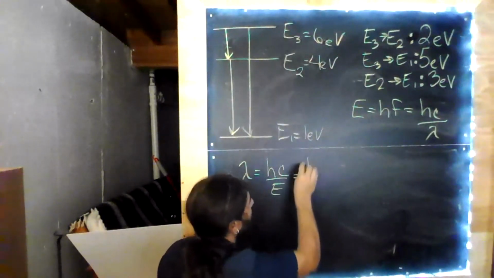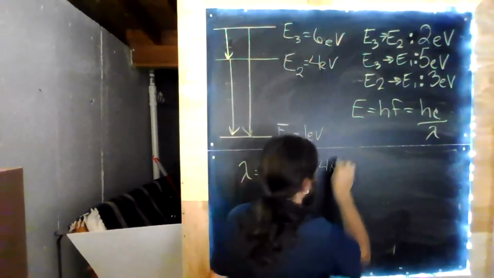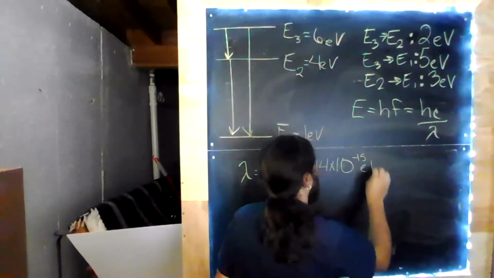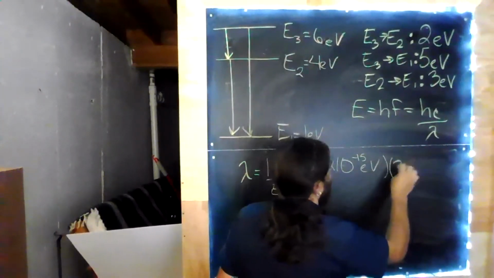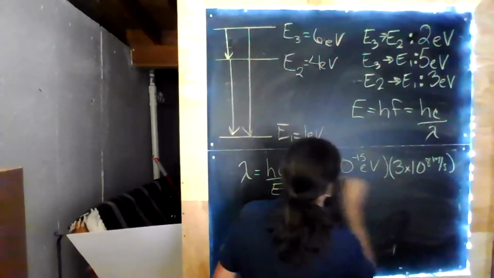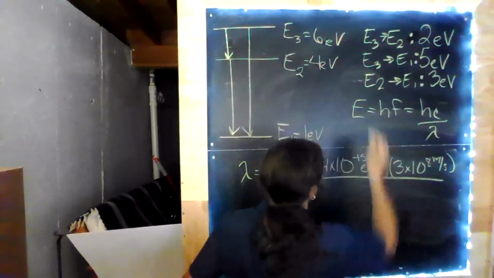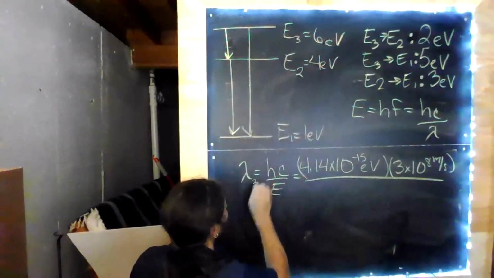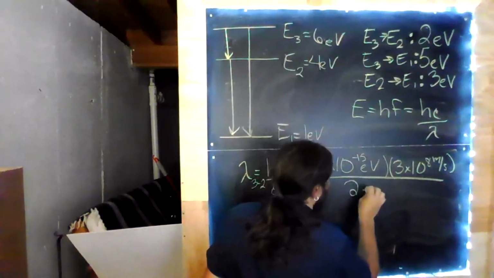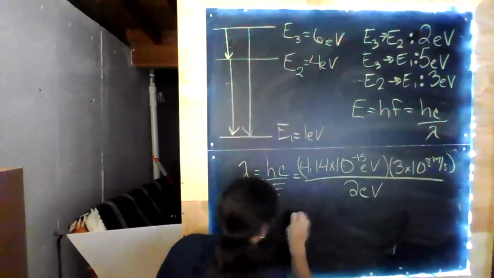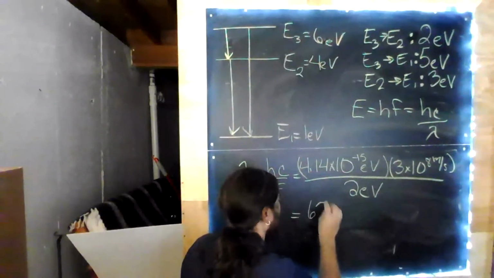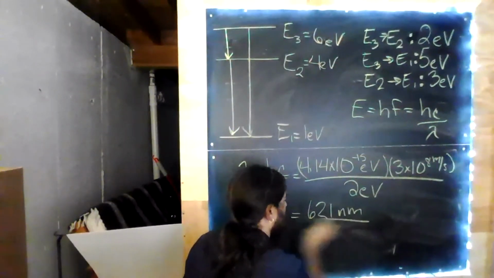So we're going to do 4.14 times 10 to the negative 15th divided by the energy, and so let's go ahead and do E3 to 2. For 3 to 2, we have 2 eV down here. And we run our calculator, and going ahead and converting to nanometers, we got 621 nanometers out of that.